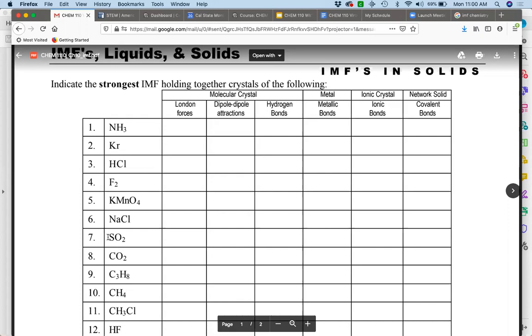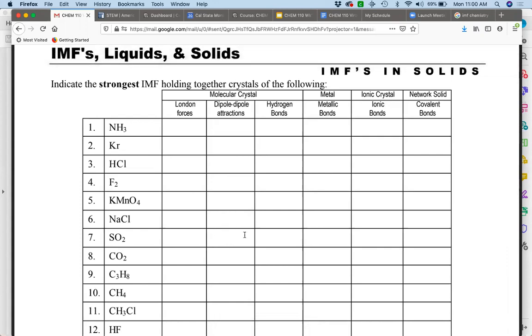And so for SO2, our strongest are going to be our dipole-dipole. So our strongest interaction will be dipole-dipole for sulfur dioxide. For carbon dioxide, because those dipoles cancel, its strongest interaction is going to be the London forces.